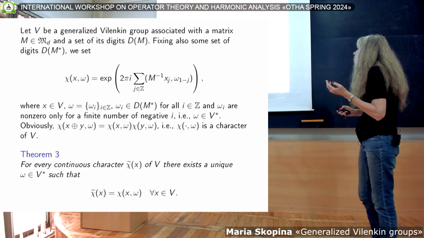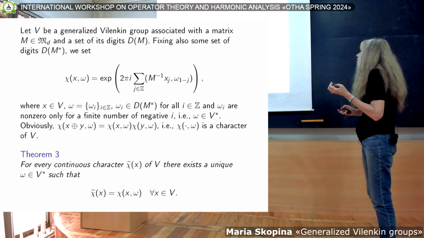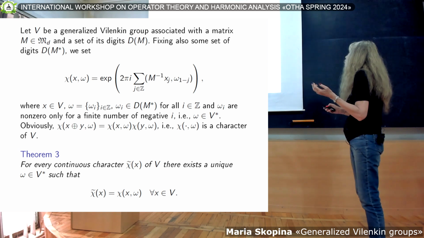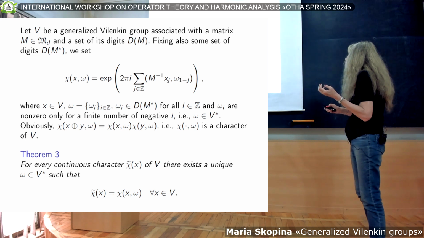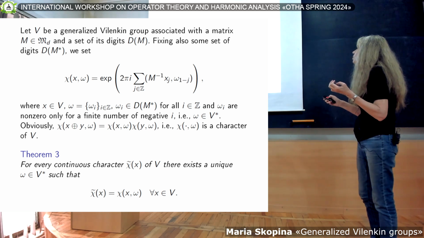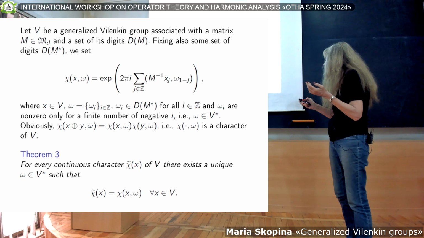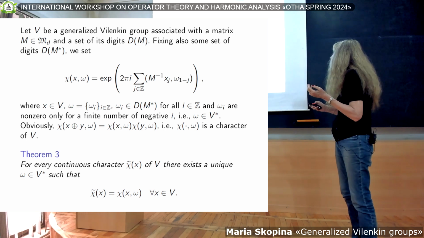And next, a theorem: for every continuous character on the generalized group V, there exists a unique omega from V star such that this character is given by this formula. So this formula really gives all characters.